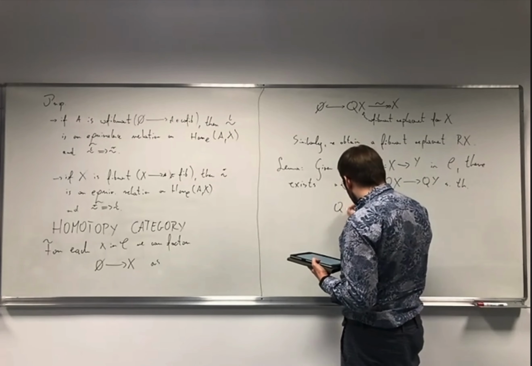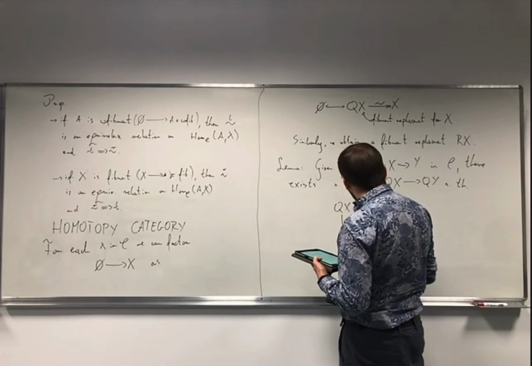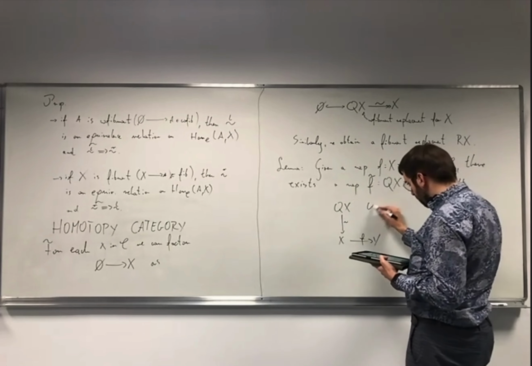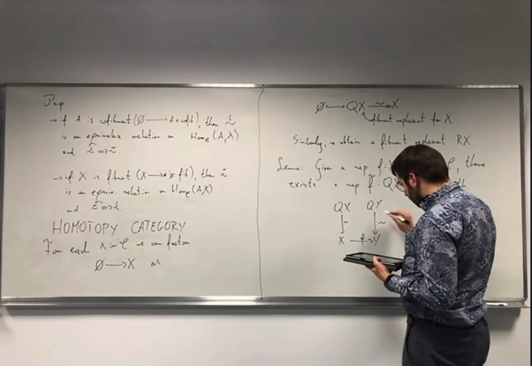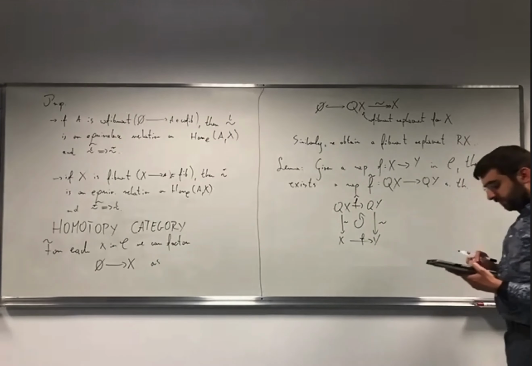We have QX, here we have the acyclic fibration to X, here we have f, here we have Y, QY, and here we have f twiddle.